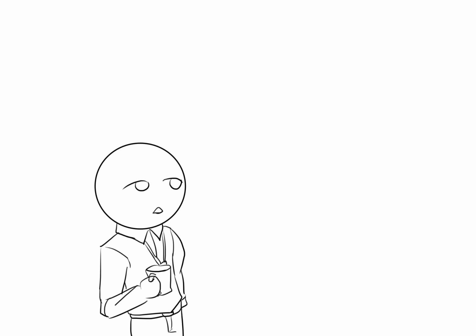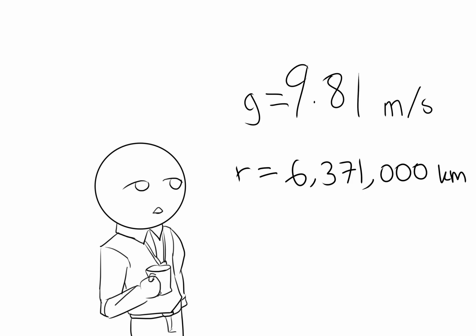The Earth's gravity is equal to 9.81 meters per second squared, and the radius of the Earth is 6,371,000 meters.